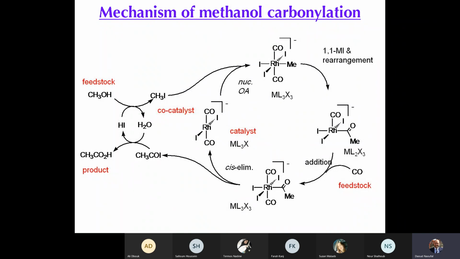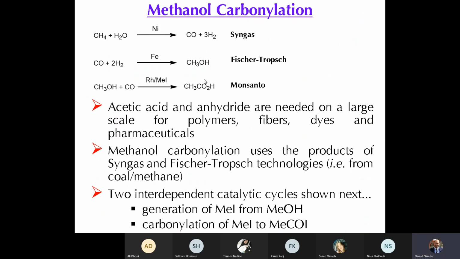This reaction explains the formation of acetic acid from methanol and CO. This is the Monsanto process. The formation of methanol from carbonyl and hydrogen in the presence of Fe catalyst.